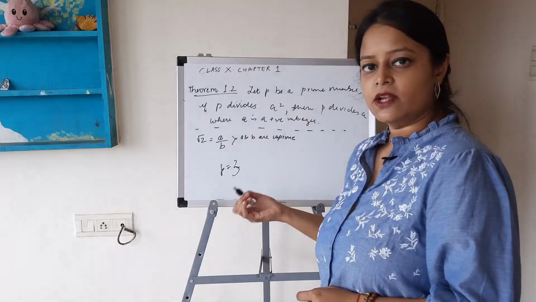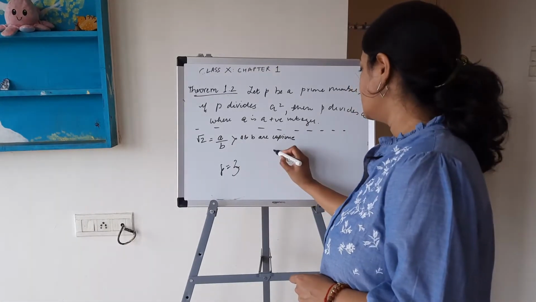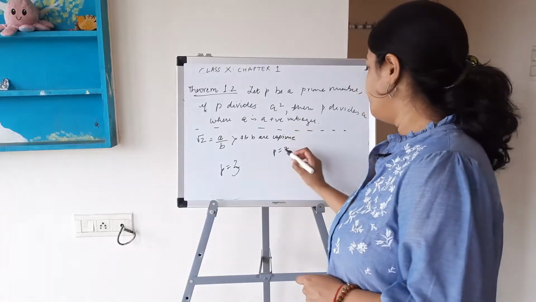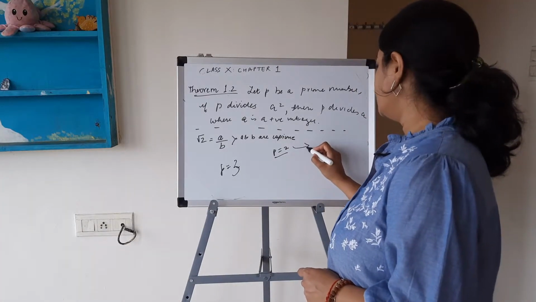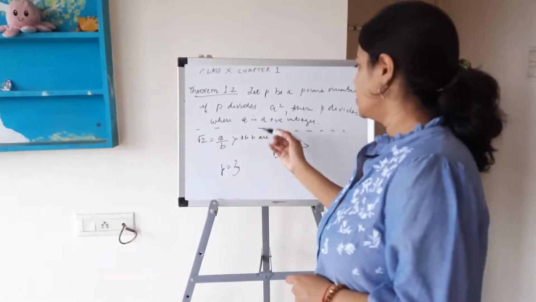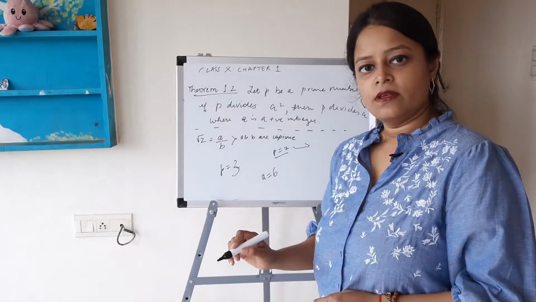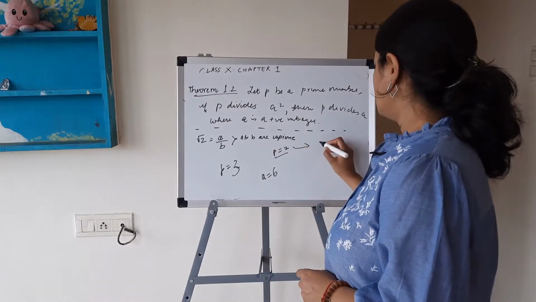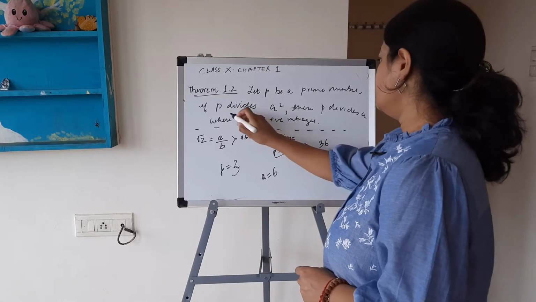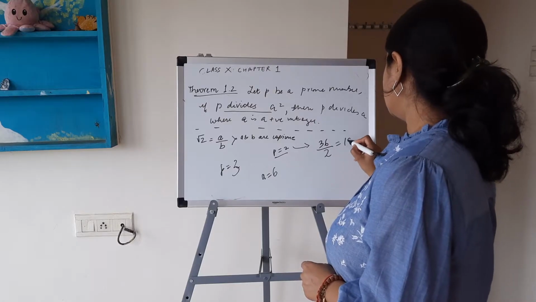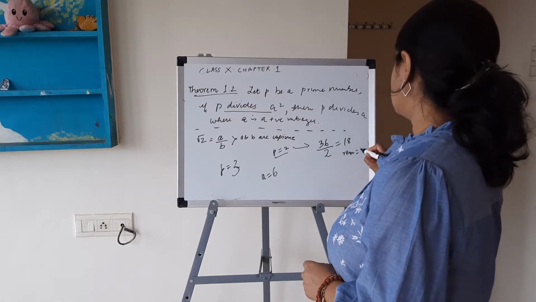Anything works, you can take anything. Let's take p equal to 2. If it is dividing a square, you can take any number a, probably 6. So a square is 36, and 36 divided by 2 is 18 with a remainder of 0.